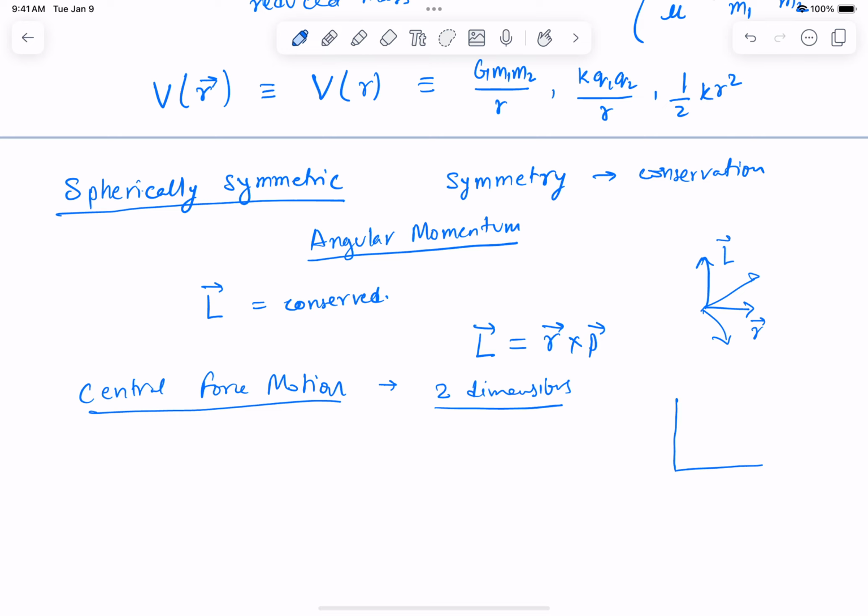Let's say this is our three-dimensional space. Let's choose the angular momentum to point in the same direction as z. We can always do that. We can always just choose the z direction to be along the angular momentum.